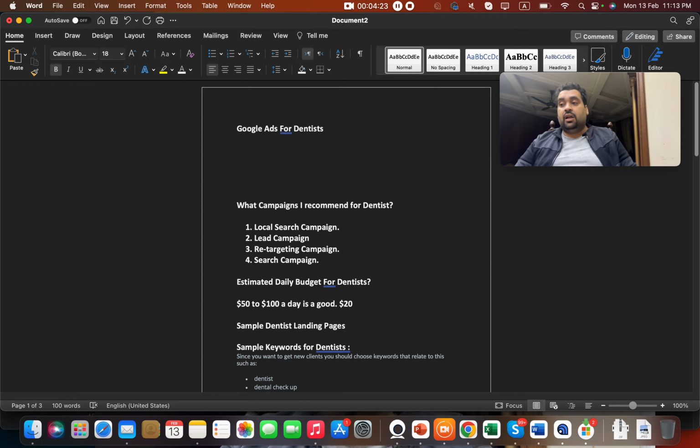But again, it depends on the area and the city you'd like to target. If someone is living in Pakistan or India, $20 is a fine budget to accept. But if someone is living in America, Australia, Canada, or Europe, I recommend a $50 to $100 daily budget. It is necessary to start your campaign on Google Ads.